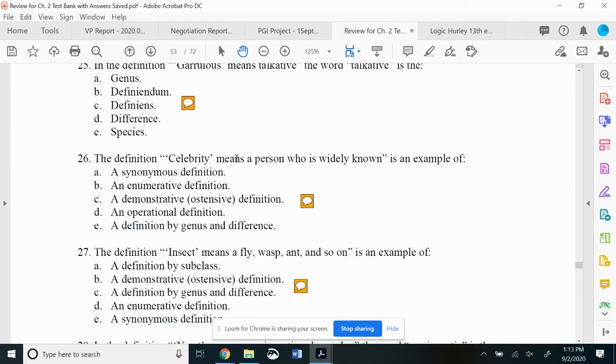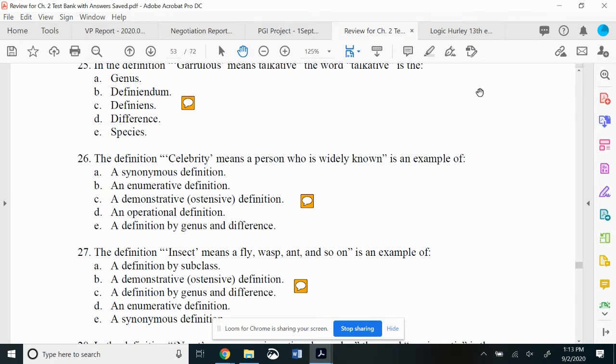So this is just another review of that previous section. So 26, this will be a little tricky. It's coming out of section 2.4. Celebrity means a person who is widely known. It looks like I have 3 things going on. A very specific person, and then something describing this person that makes it specific. You can look to that other video, or what I did is I drew a circle.